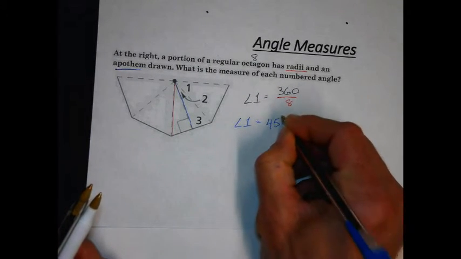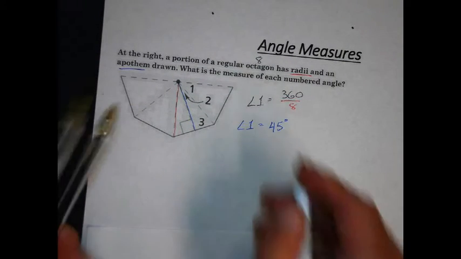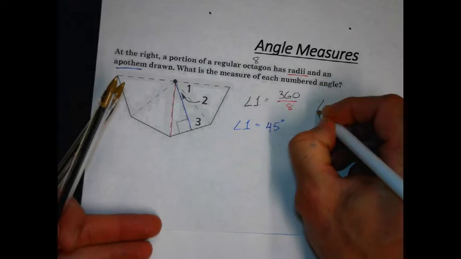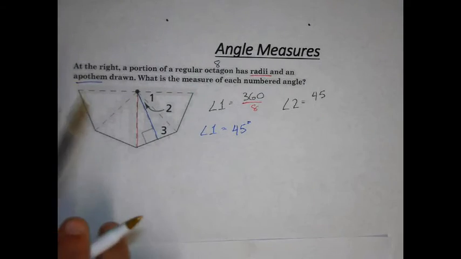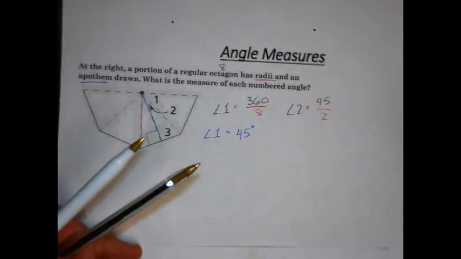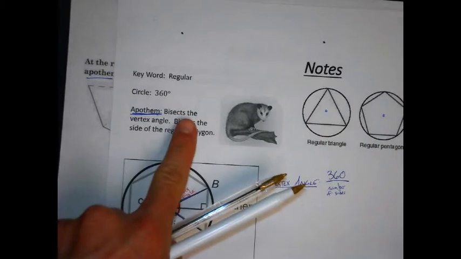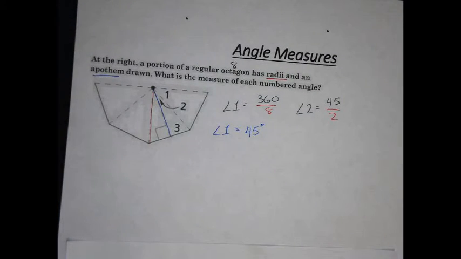If we have 45 degrees, we now know the measure of angle 2. Angle 2 would be 45 degrees, but cut in half, because what do we know about the apothem? The apothem bisects the vertex angle. So the measure of angle 2 will be 22.5 degrees.